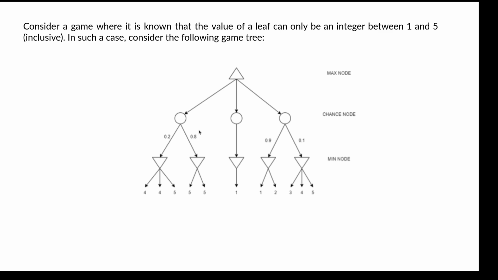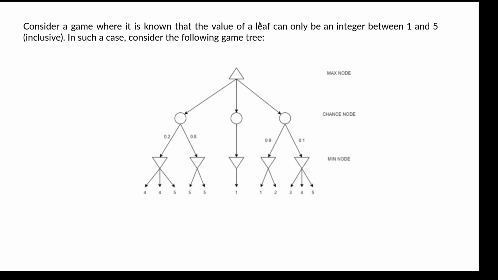Okay, let's discuss it. So let's start with the leaves. The first leaves are 4, 4, 5, and you have to take the mean. What will go there? For the first one, it will go 4. Out of 5, 5, it will go 5. Now you have this 4 and 5, and 0.2 and 0.8 are given as the weight or the probability. So what will come to the root would be their proportion.